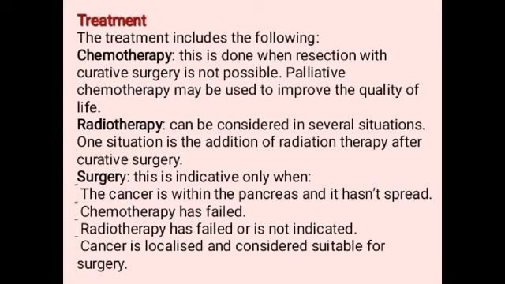So this is done when resection with curative surgery is not possible. If this cannot be done, then chemotherapy can be put in place, and palliative chemotherapy may be used to improve the quality of life. Sometimes chemotherapy is done just to improve the quality of life, not primarily to cure the cancer.